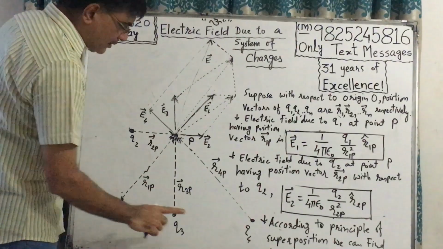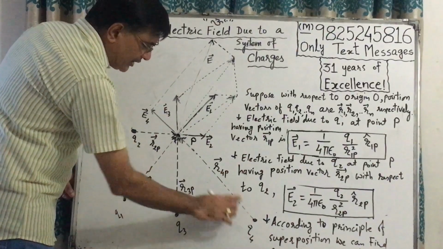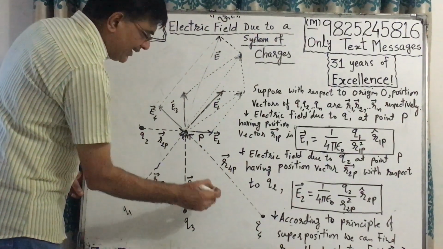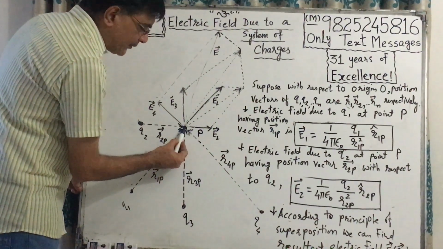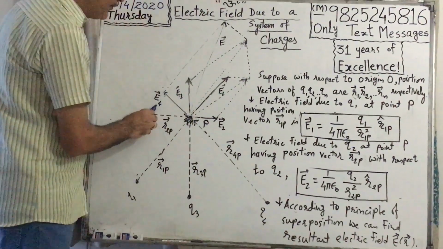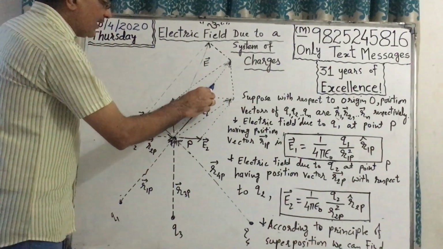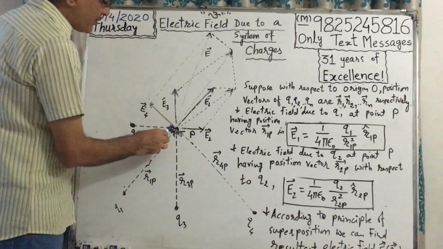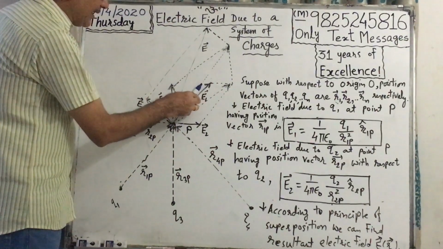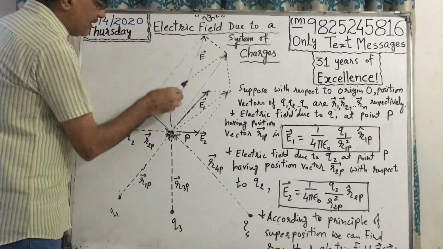Now comes Q4. The position vector of P with respect to Q4 is R4P. If I put here a unit positive charge, Q4 will offer a repulsive force. This is E4. This was E1 plus E2 plus E3, and I have to add E4 to it. So I have to draw a parallelogram having adjacent sides this and this, a line parallel to this and parallel to this.